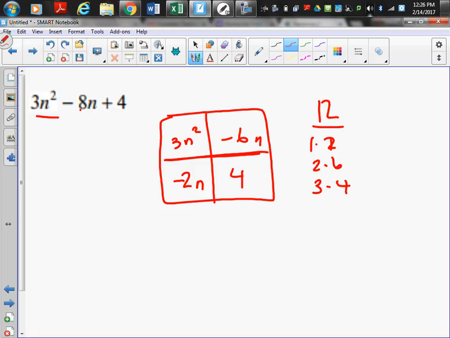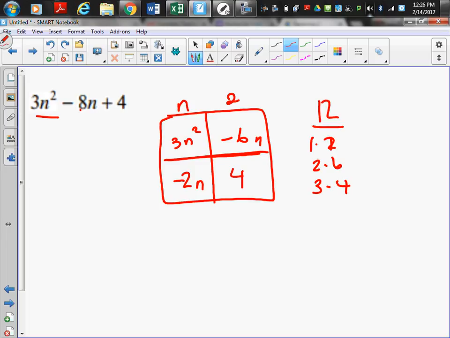So what am I going to do? The 2 numbers have a common factor. 2 and 6, well, that's 3n and negative 2n. 6 and 4 is 2. Minus 2.